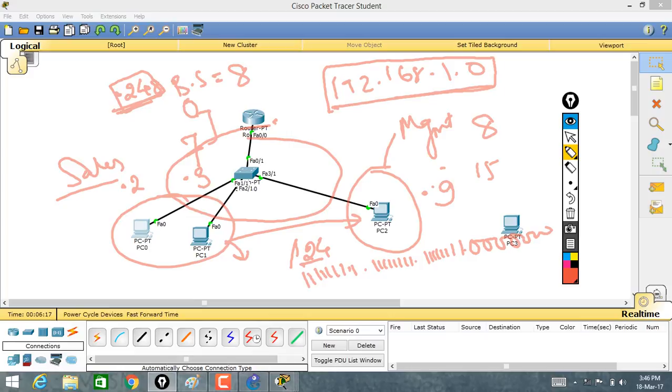So what we did, we carried 5 host bits and converted them to 1, and kept 3 zeros for hosts, because we need only 5 IPs and 2 raised to power 3 gives me 6 valid IPs and we required only 5.